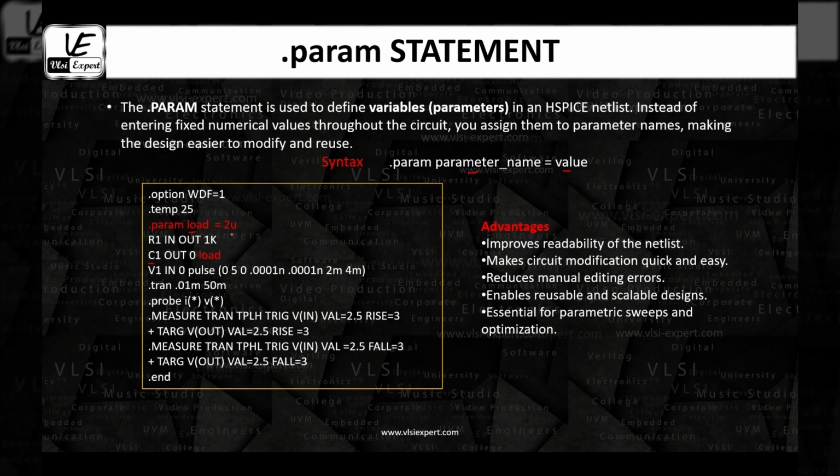It makes circuit modifications quick and easy, reduces manual editing errors, and enables reusable and scalable designs. It is also essential for parametric sweeps and optimization, which we will see up next.